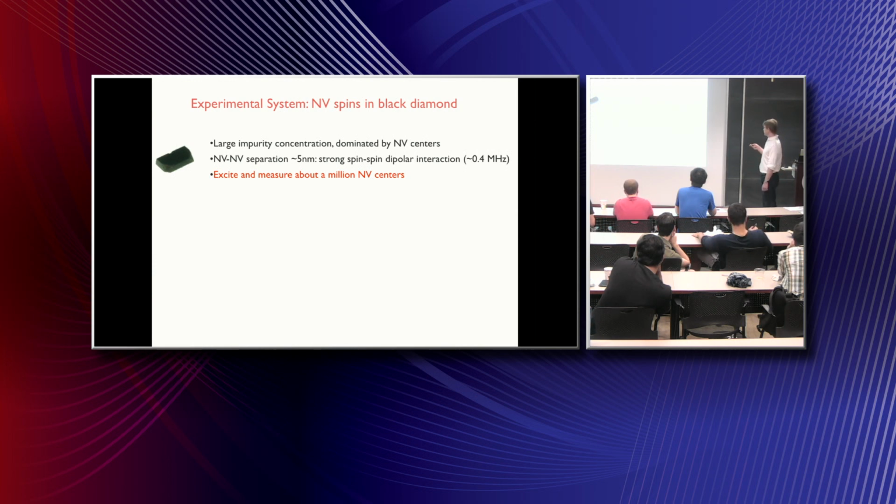In this case you have a very large concentration of defects, dominated by one specific type, the so-called NV center. The NV separation will be, on average, about 5 nanometers, which translates into very strong dipolar interactions between them, and these are the dipolar interactions which we will be using. In our experiments, we will excite and measure about 1 million NV centers at once.